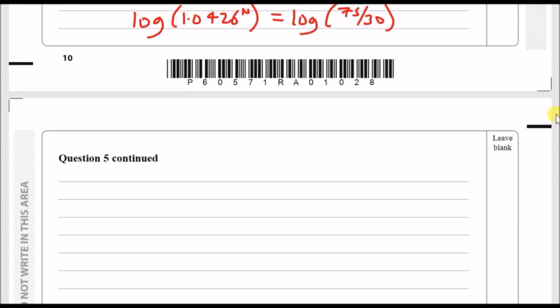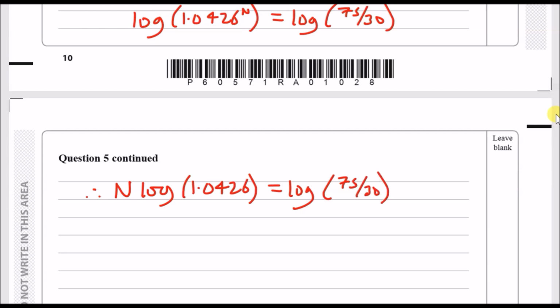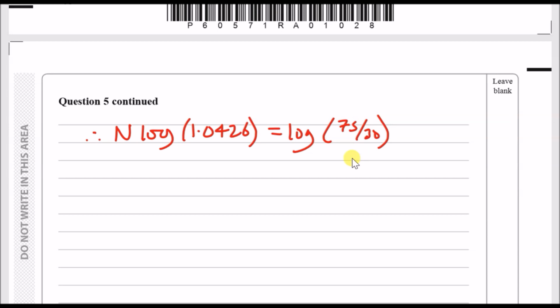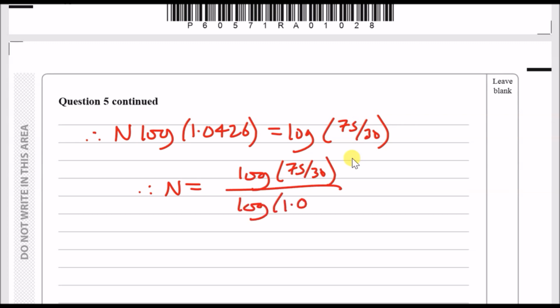So it becomes n times log 1.0426 equals log 75 over 30. And now all you do is literally divide the log term to the right. You're going to have n equals log 75 over 30 over the log 1.0426.